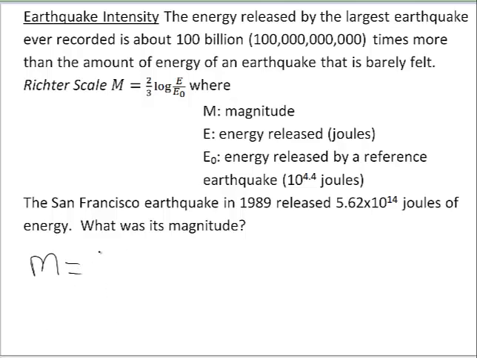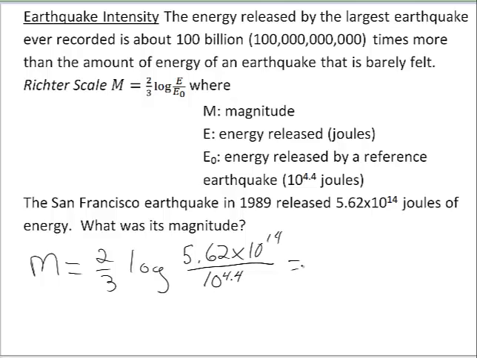We say that M is equal to 2/3 times the log of the energy for the earthquake we care about. In this case, it's 5.62 times 10 to the 14th over the reference earthquake, which we know to be 10 to the 4.4 joules. And then we start cranking through this calculation.